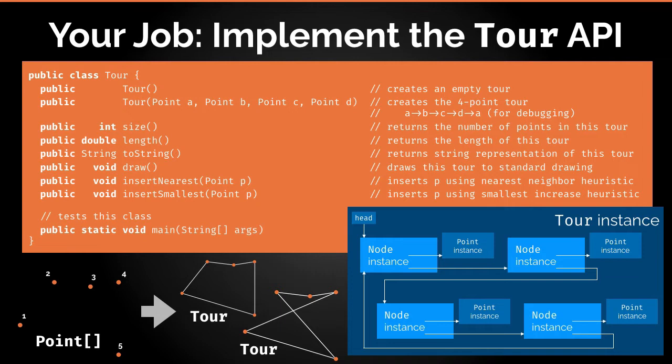And you're probably going to have an internal class of nodes, like the circular queue that we've seen in precept. And each of these instances of node is going to store two things: a pointer to the next element and a pointer to the point that this node contains. So you see that your actual project is going to manipulate node instances and point instances inside of your Tour class.